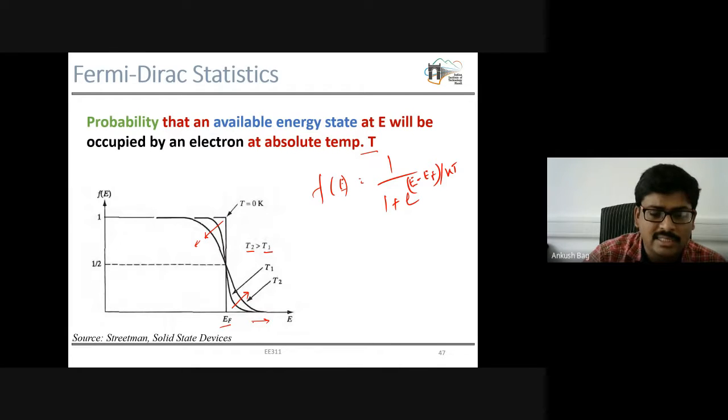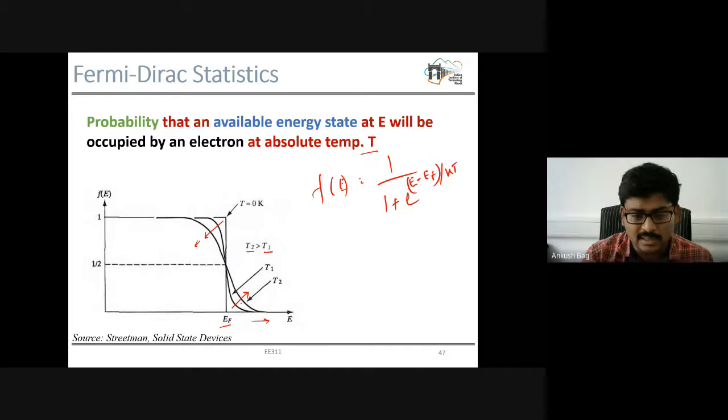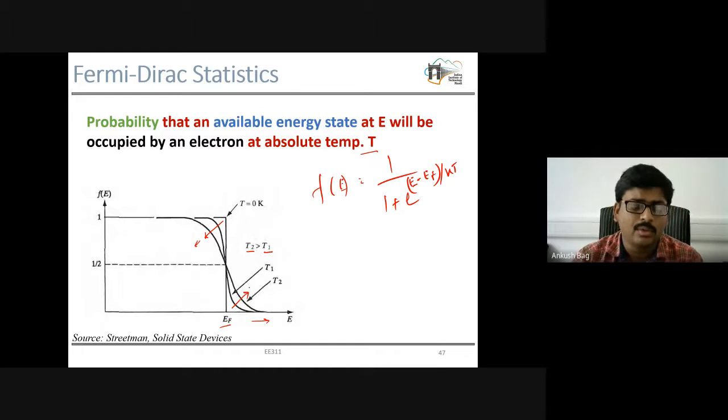But when your energy E is greater than EF, above the Fermi level, you have this kind of distribution. Why we are discussing this, we'll soon discuss in the coming slides, why we need to understand this behavior of Fermi-Dirac statistics with temperature.